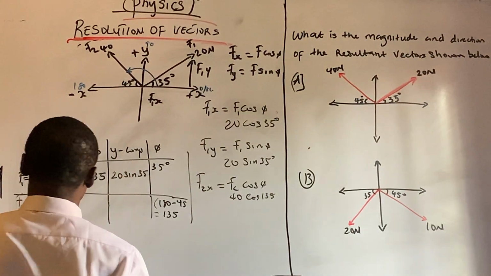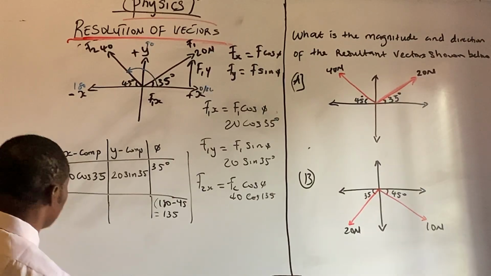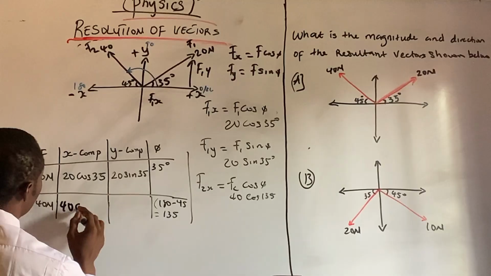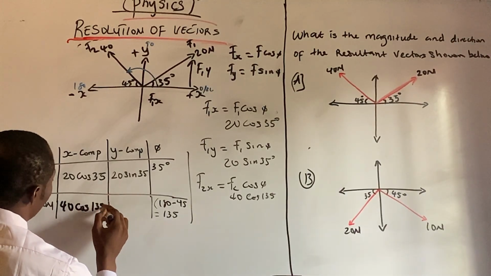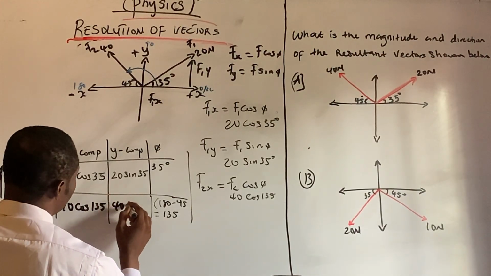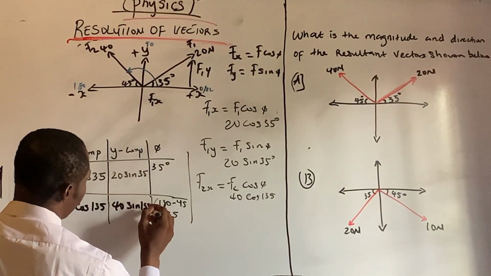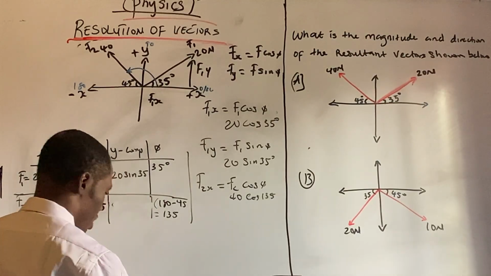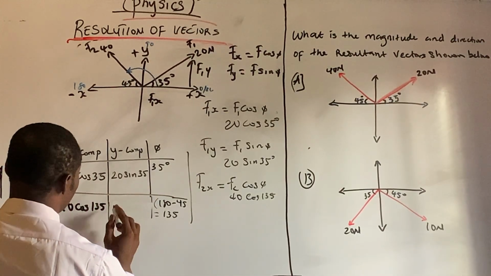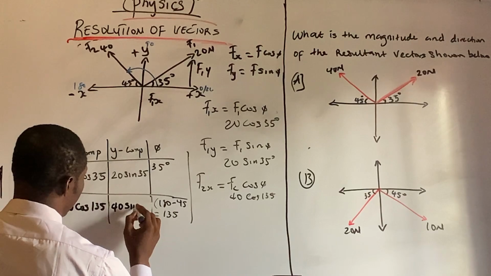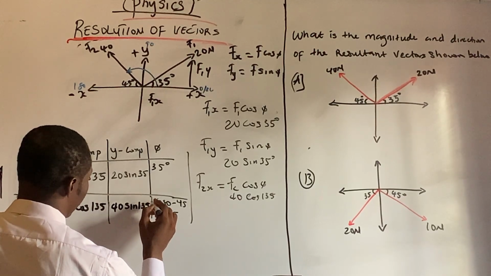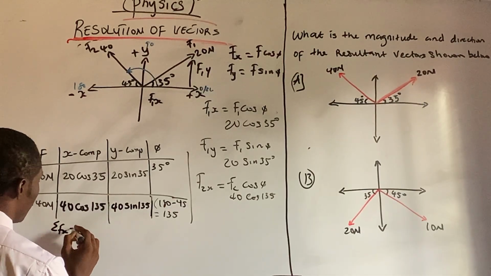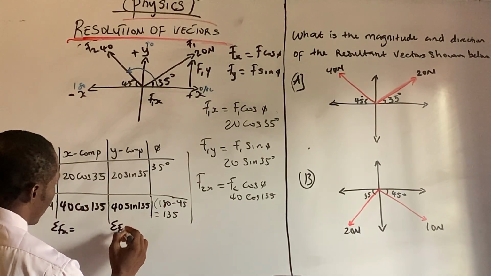So this will become 40 cos 135, and here will become 40 sine 135. All right, please write it well. Let me write it again. 40 sine 135.